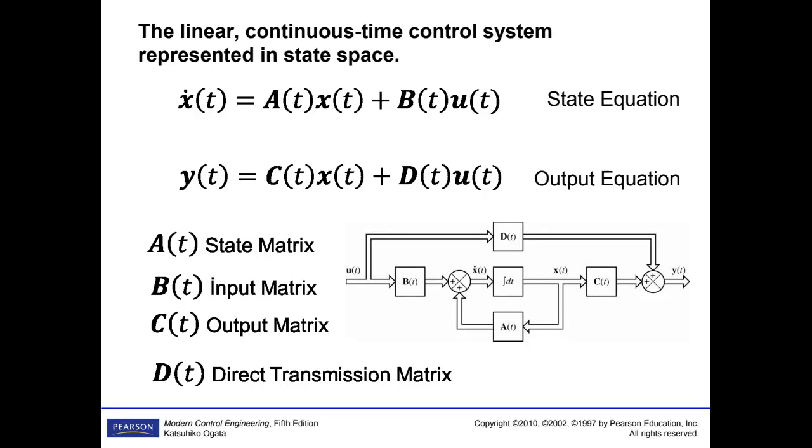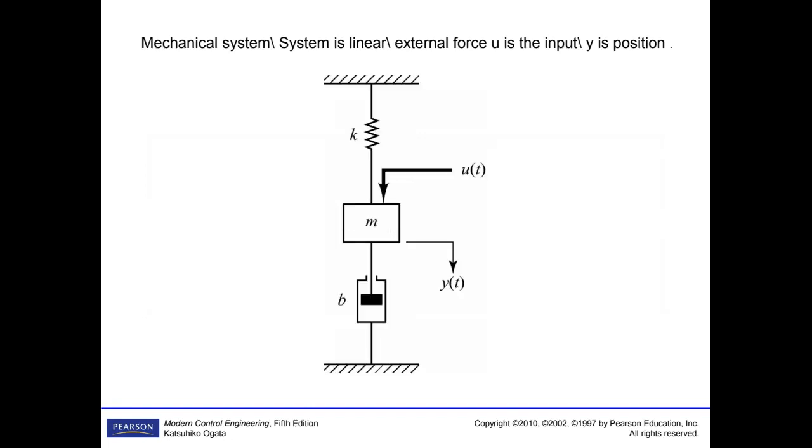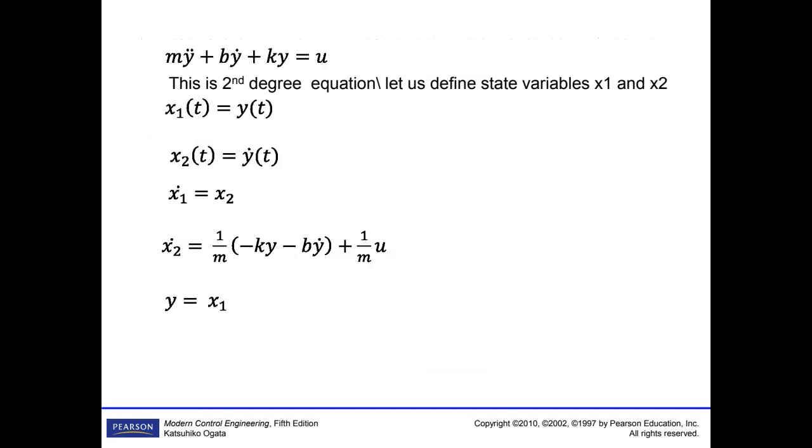We also derive those equations. This is a typical differential equation, and we define x1 as the state variable y, x2 is y dot. Therefore, as a result, you end up with first order differentiation occurring here.